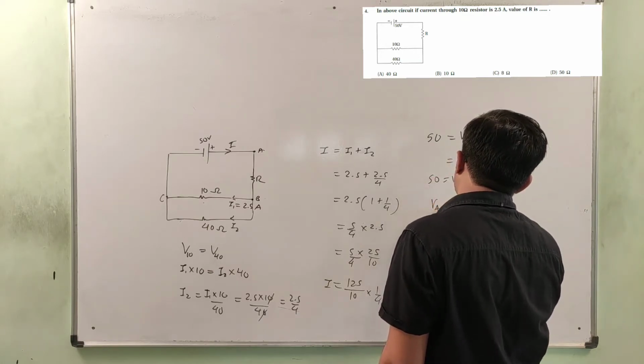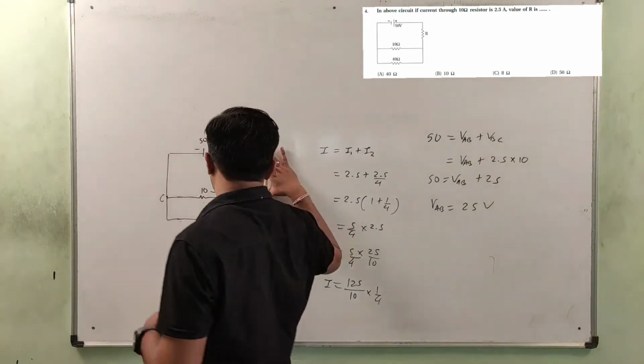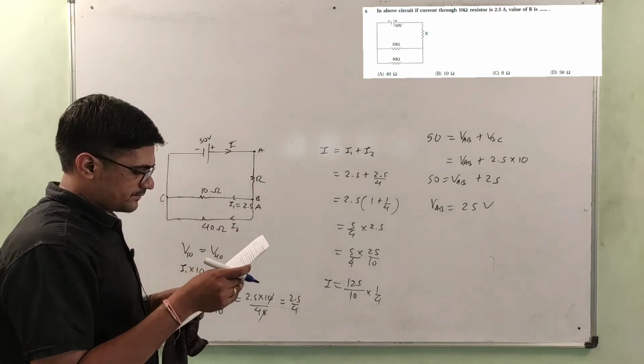So the potential difference between A and B is 50 minus 25, so 25 volt.